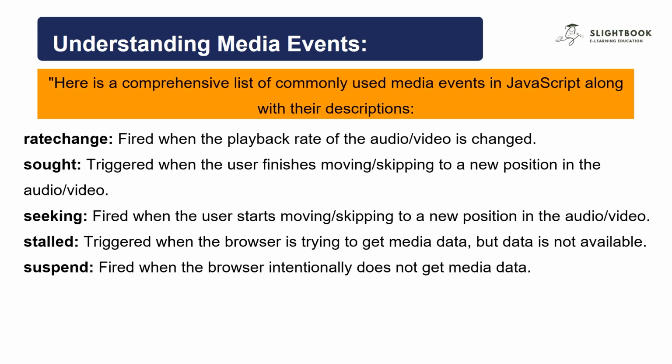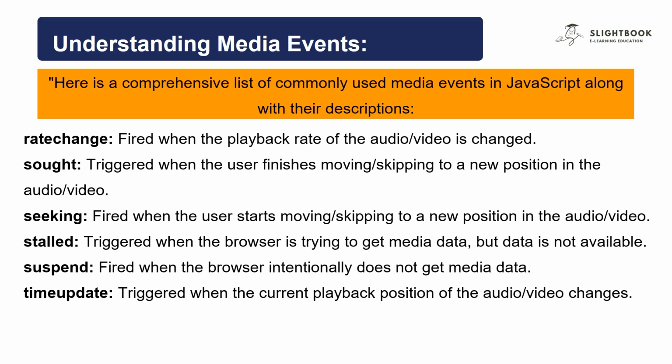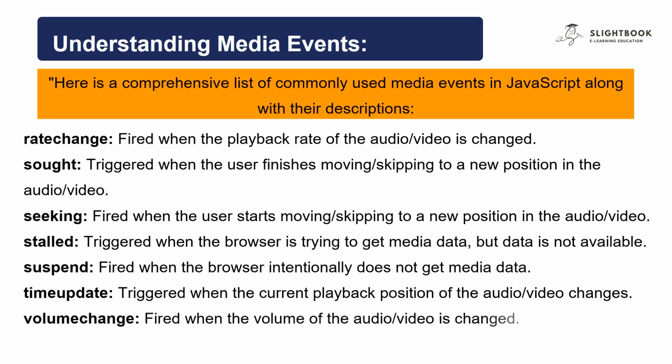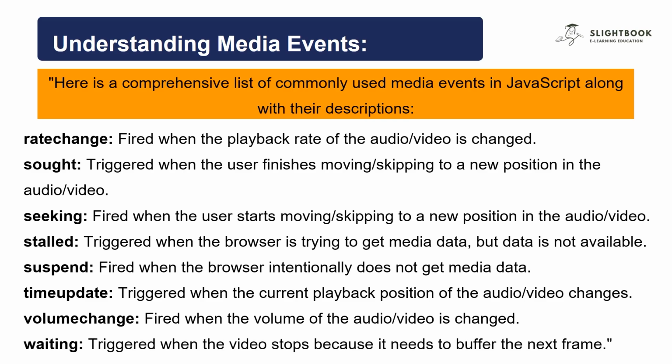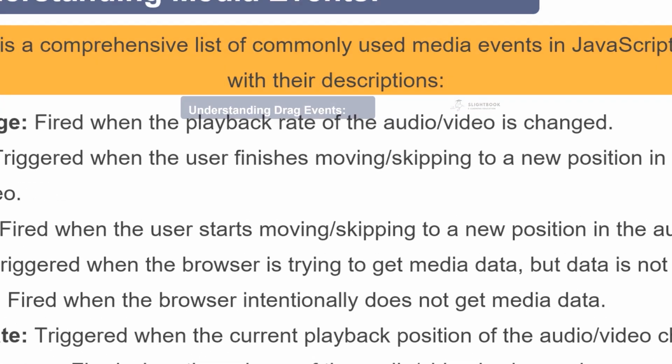Suspend, fired when the browser intentionally does not get media data. Time update, triggered when the current playback position of the audio or video changes. Volume change, fired when the volume of the audio or video is changed. Waiting, triggered when the video stops because it needs to buffer the next frame.